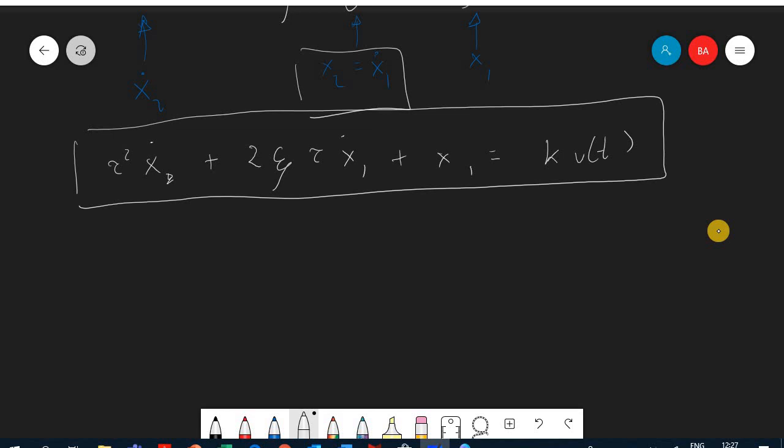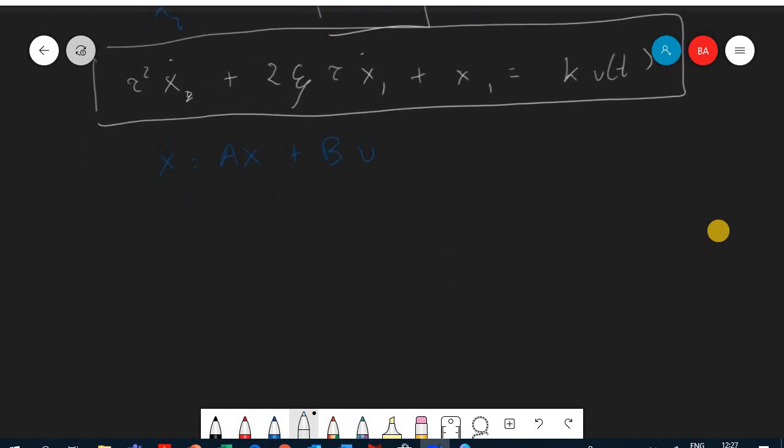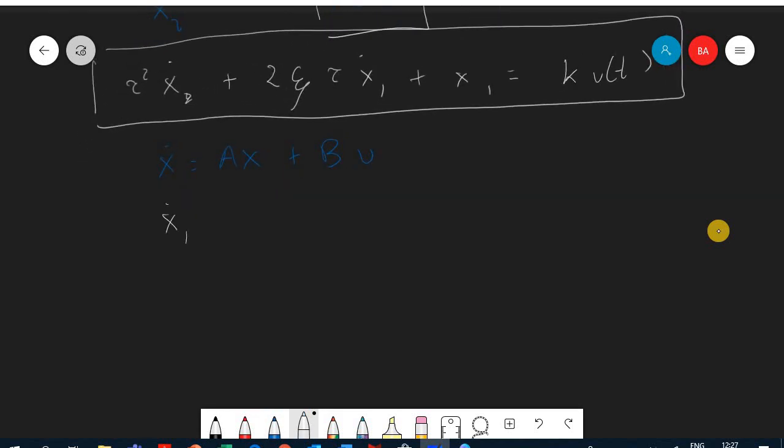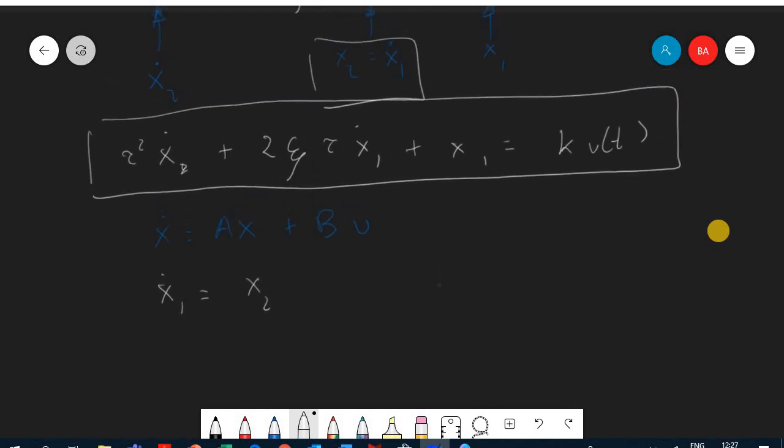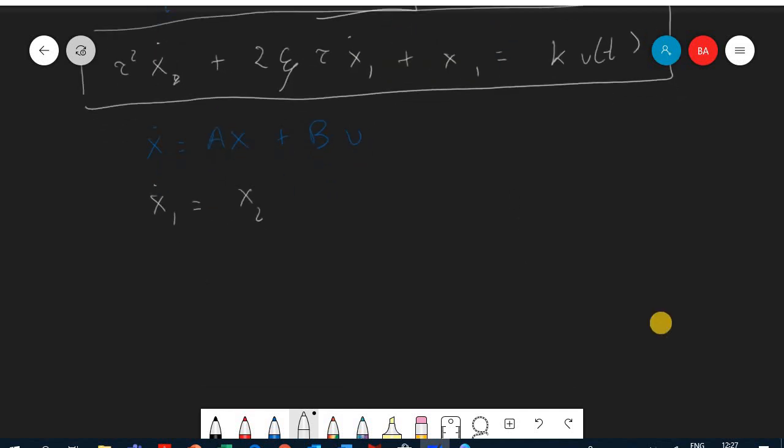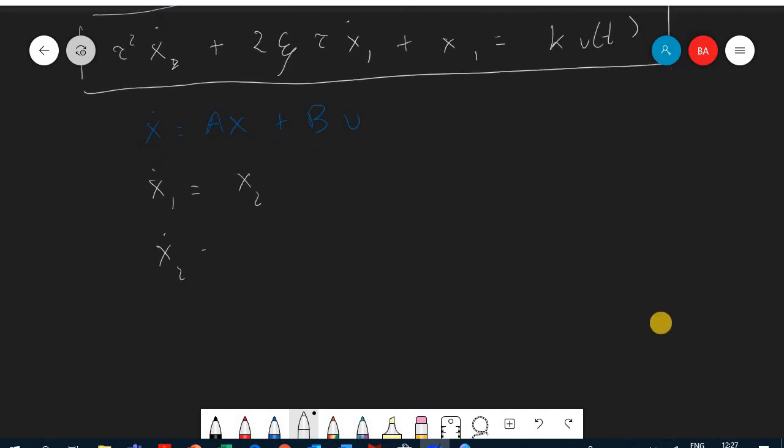If I want to rewrite this and put it in a form that looks like x dot is equal to Ax plus Bu, then on rewriting I'm going to have x1 dot is equal to x2, and this is obtained from here. And I have x2 dot; I'm going to take everything to the right hand side and keep just x2 dot on the left hand side by itself.